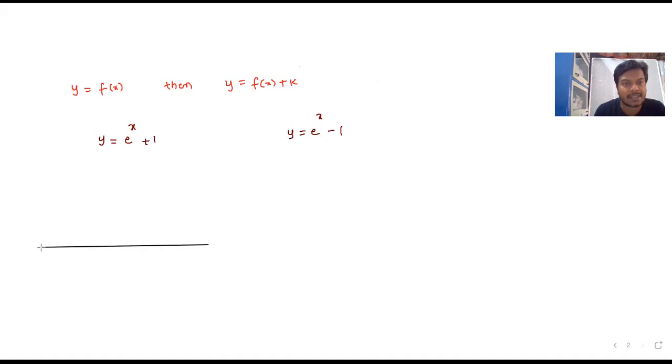X axis, y axis, and here x axis, y axis. Okay, we know the graph of e power x, right? First draw the graph of e power x with dotted lines, and then we go for e power x plus 1 and e power x minus 1.